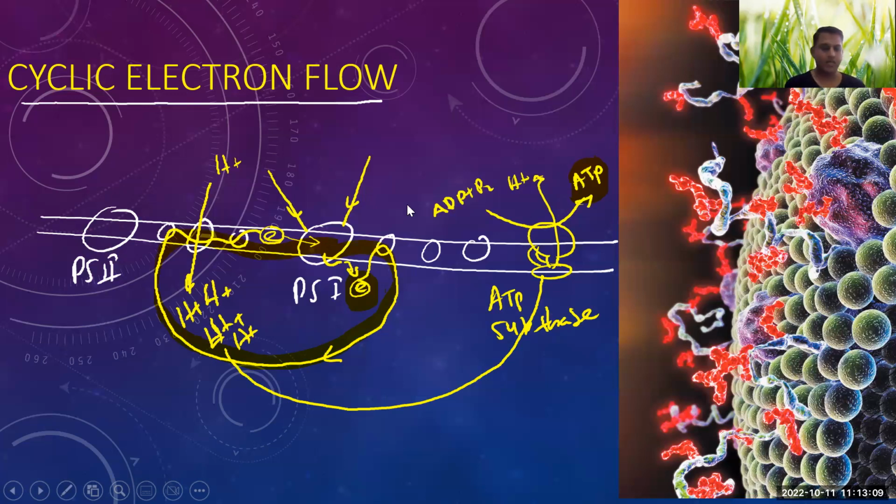This is just, traditionally in any textbook, we have to learn a little bit about cyclic electron flow, and it is not used to make questions, because its significance is very little in photosynthesis.